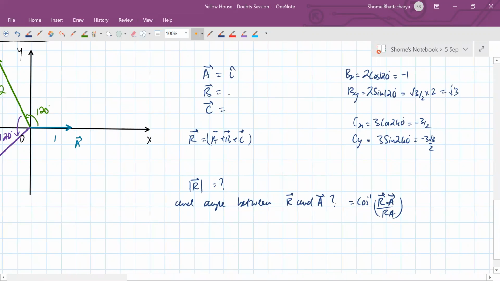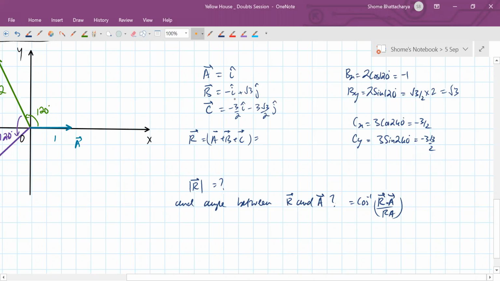So you can see that B is becoming minus I cap plus root 3 j cap, and C is becoming minus 3 by 2 I cap minus 3 root 3 by 2 j cap.